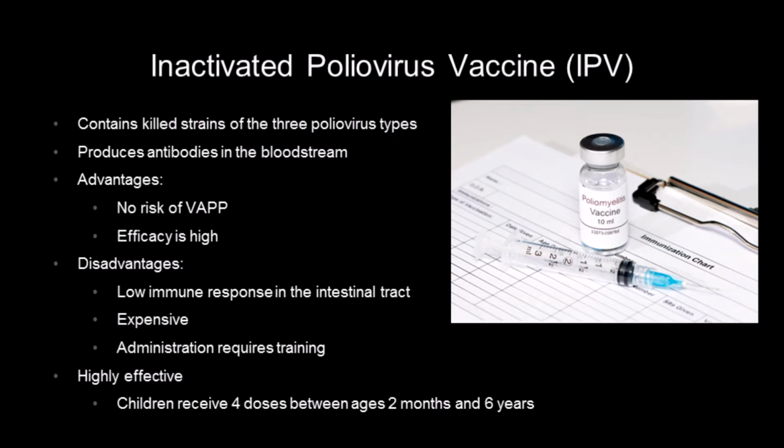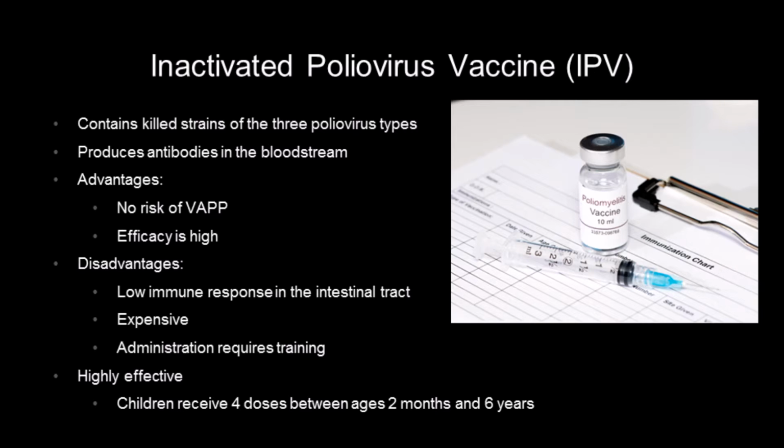This is the type of vaccine that we've all probably received when we were children. There is a low immune response in the intestinal tract, and so it doesn't produce that same passive immunization as the OPV does, and it is fairly expensive to produce, as well as the training that's required to administer this vaccine.